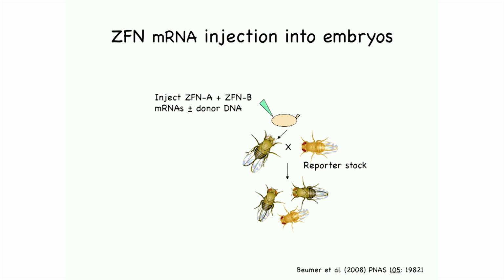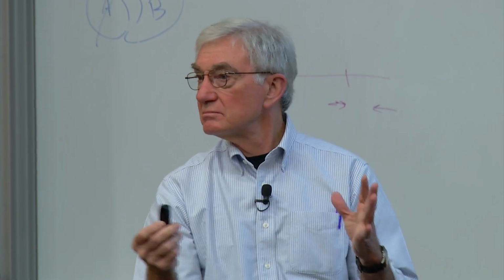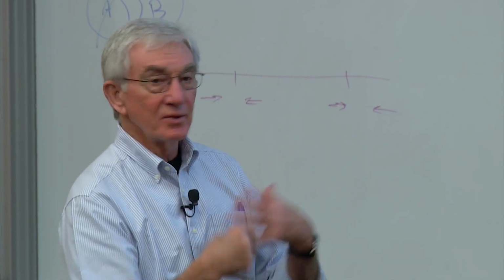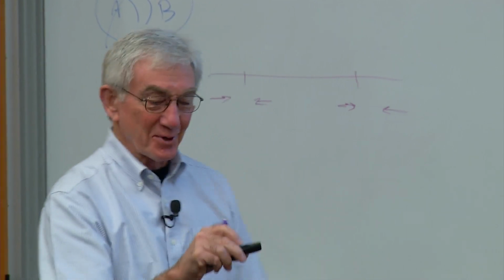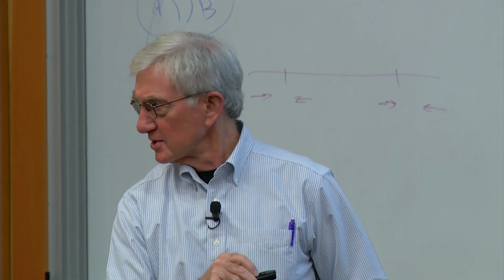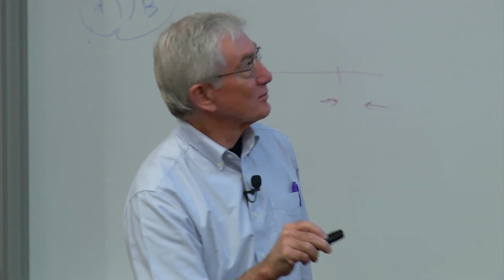In this case, you can take the injected flies once they grow up from those embryos, cross them to a reporter strain of some kind, and evaluate germline mutagenesis in this next generation. The generation time of Drosophila is about 12 days, something like that. So you can get through experiments pretty quickly, not as quickly as in the worm, but pretty quickly.